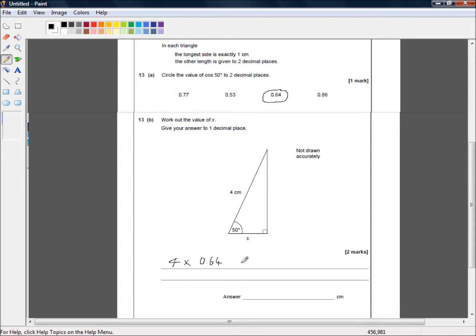Okay, and that's not obvious, but what is obvious is 64 times 2 is 128, and 128 times 2 is 256, which I know from my computer science. So that's 4 times 0.64 then must be 2.56.